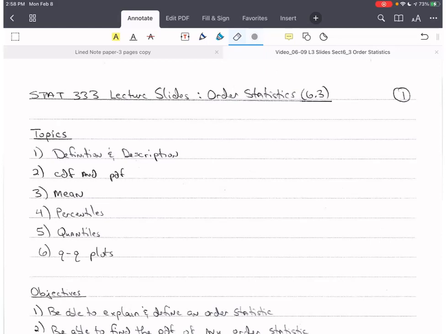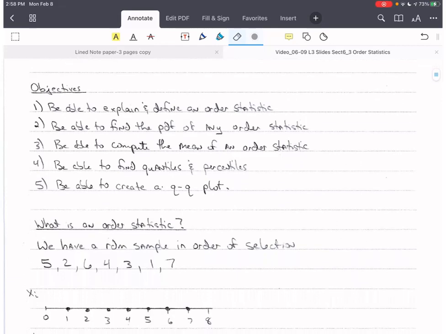All right, we've talked about the topics in the PowerPoint slides for this section. So let's talk about the objectives for this section. When you get finished with this section, we want you to be able to explain and define an order statistic, find the PDF of any order statistic, compute the mean of an order statistic, and find quantiles and percentiles.